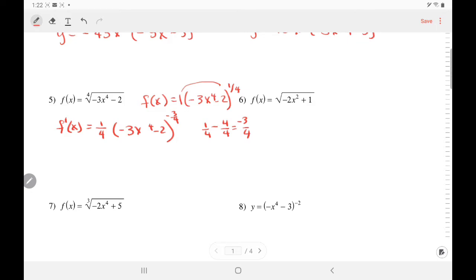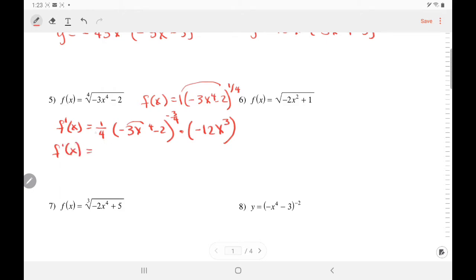Oops, and I am out of room. So I'm going to erase this so that I have room. Now multiply by the derivative of the inner function. Negative 3 times 4 is negative 12x. Reduce your 4 by 1. And the derivative of negative 2 is 0.